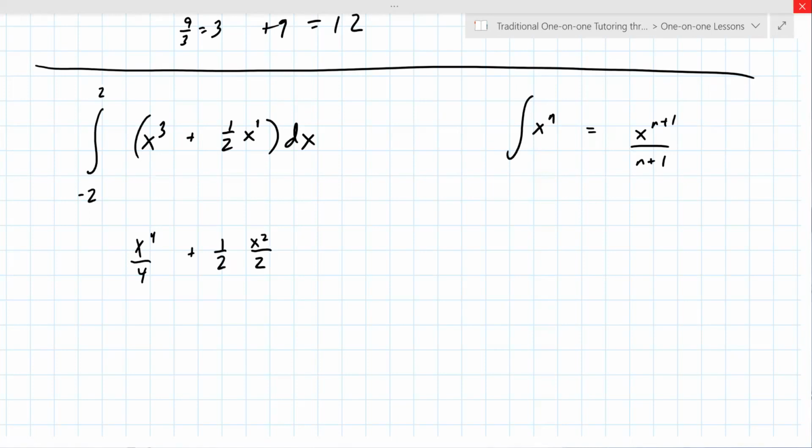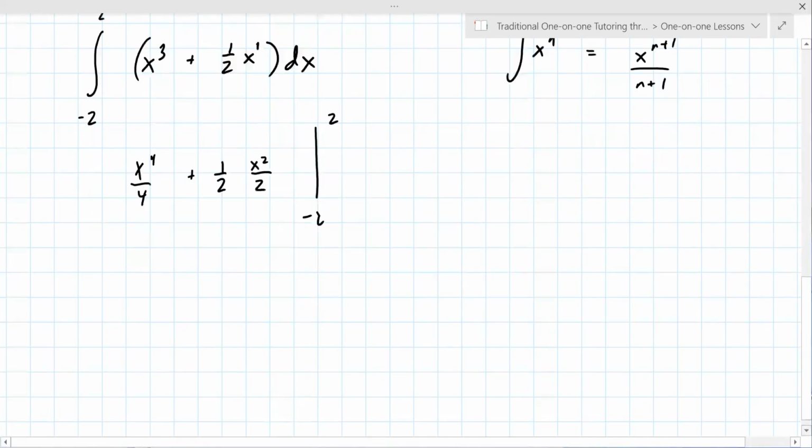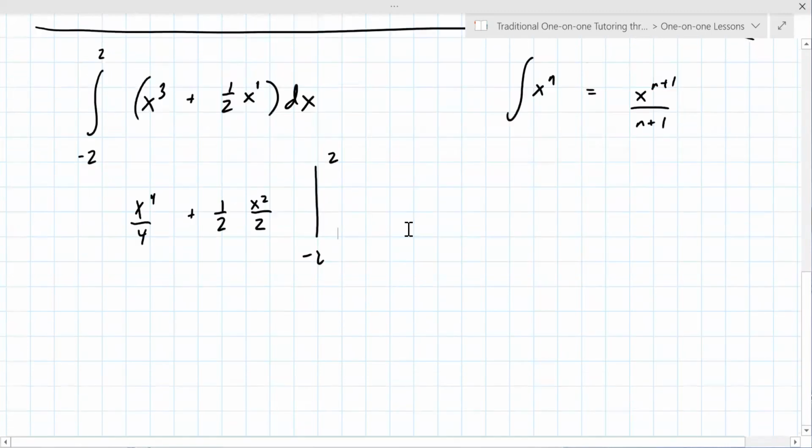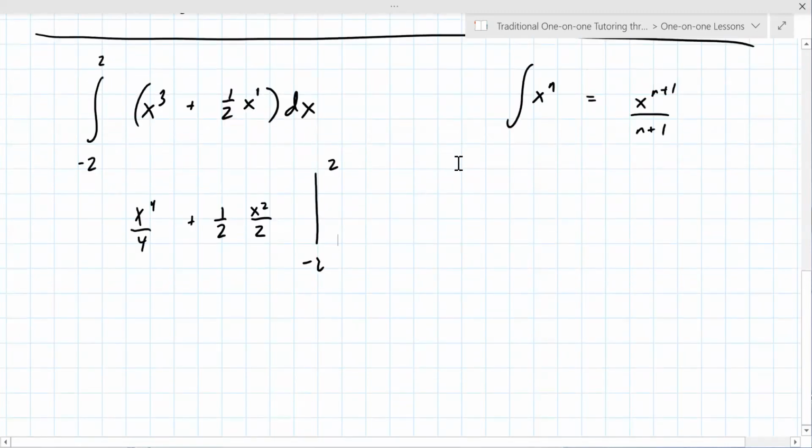Right, and then that's from -2 to 2. So then it's 2 to the 4th over 4 plus 1/2. You can always combine, like 1/2 them over 2 and make it over 4, like you can do 2 squared over 4 if you want.